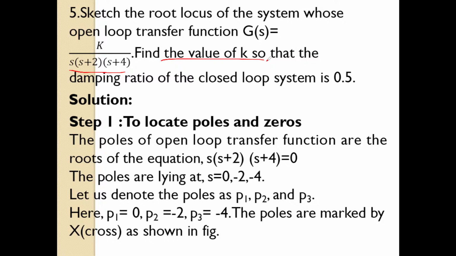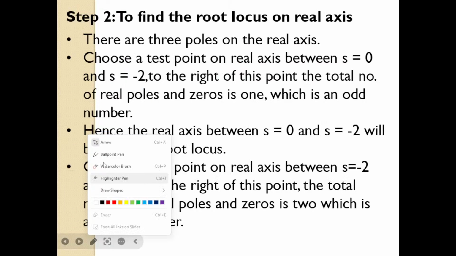So now let us go to step number 2. Step 2 is to find the root locus on the real axis. You can see there are 3 roots on the real axis, all 3 are poles.